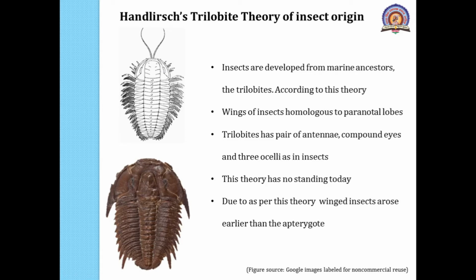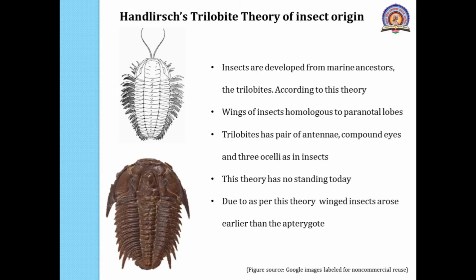So this theory has no standing today, because if we assume it, the winged insects arose earlier than the apterygote insects, which is probably not true. The apterygote insects show the most primitive characteristic features, close to the earlier group, and only after evolving specialized characters were they converted into the pterygota.